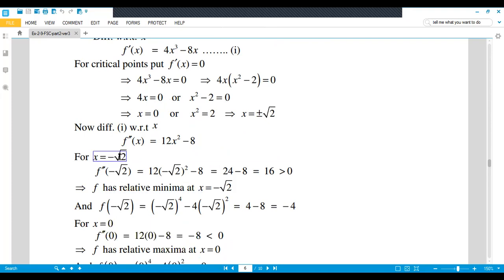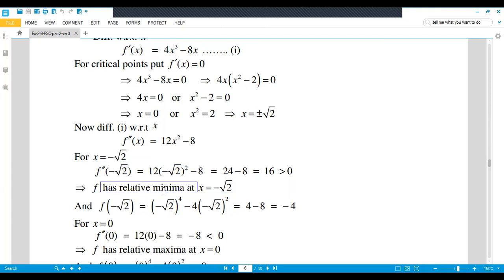Now in the second derivative, first we put minus under root 2 or plus under root 2, your choice. You can put plus under root 2 first, no problem. So when we put minus under root 2, so 12 times (minus under root 2) square, on a negative sign, square is positive, square root cancels, 2, so 12 2s are 24, 24 minus 8 is 16, which is greater than 0.